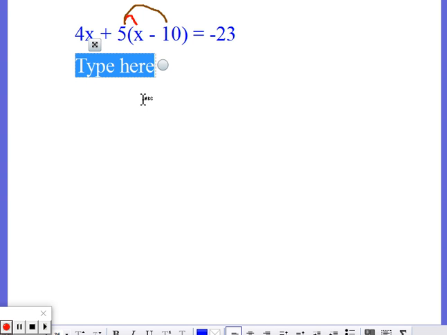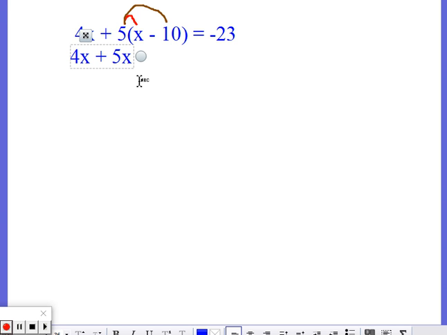I'm going to write the 4x first, because I didn't mess with that at all. So it's still going to be plus. 5 times x is 5x.